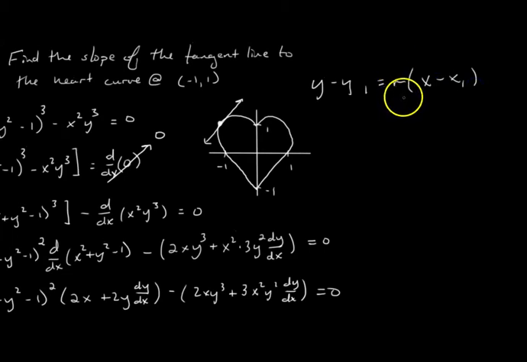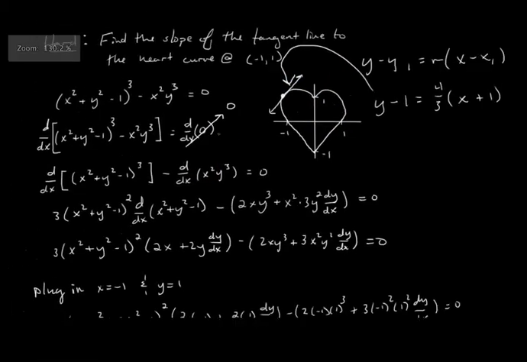And then we know m, that's dy dx evaluated at -1, +1. Right, and then we know y1 and x1 because we were given this point. So like the equation for this line is y minus 1 equals 4/3 x minus -1, so x plus 1. Right, that's the equation for this line right there.